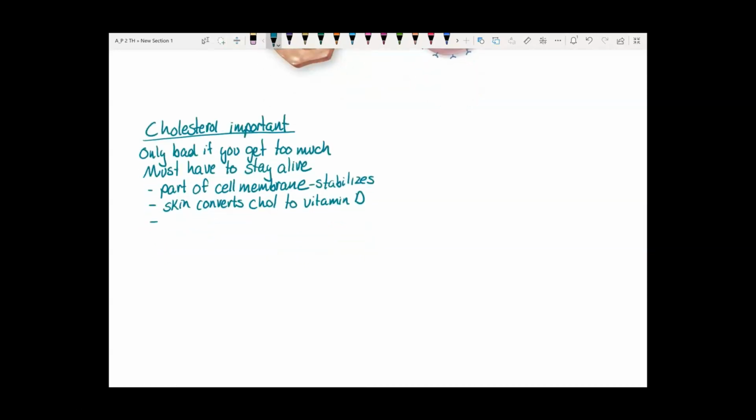And if you think back to chapter 17, cholesterol is what all of your steroid hormones are made from.